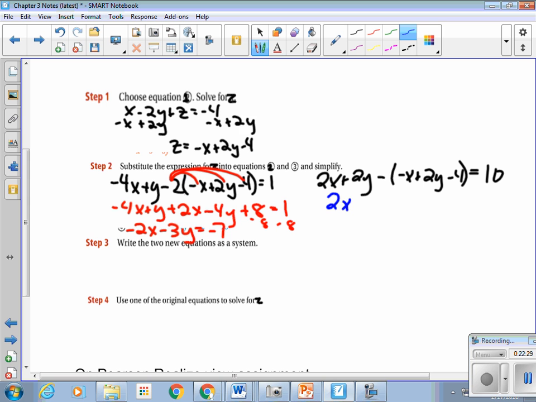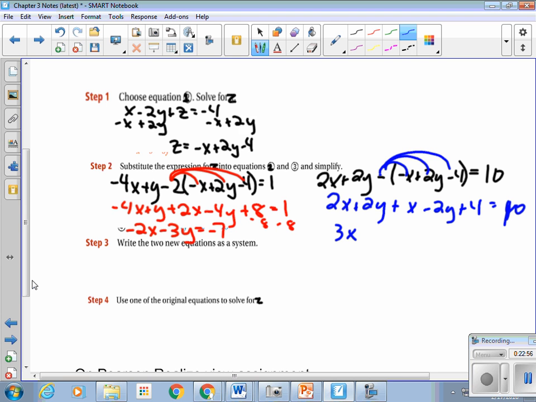2x plus 2y. I'm going to distribute this negative to everything in this parentheses. Plus x minus 2y plus 4 equals 10. Then I'm going to combine like terms. 2x plus 1x is 3x. 2y minus 2y, no y's.